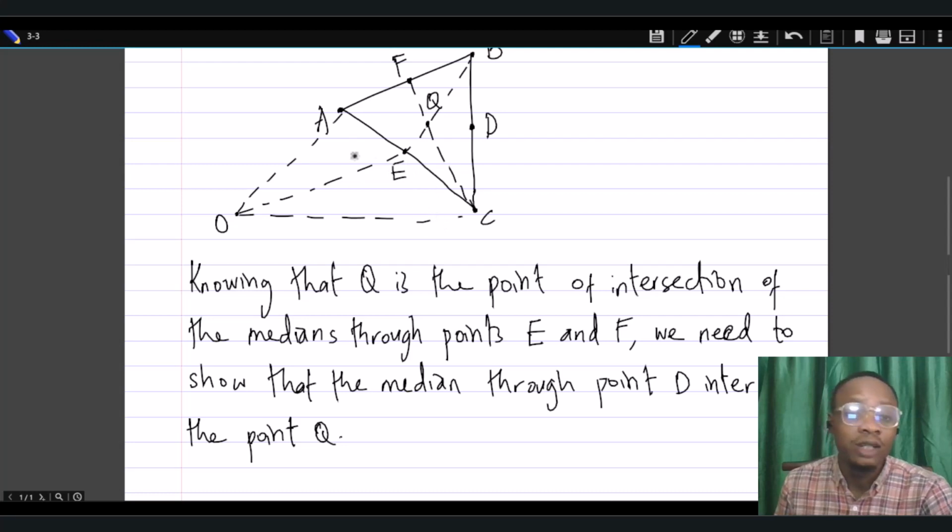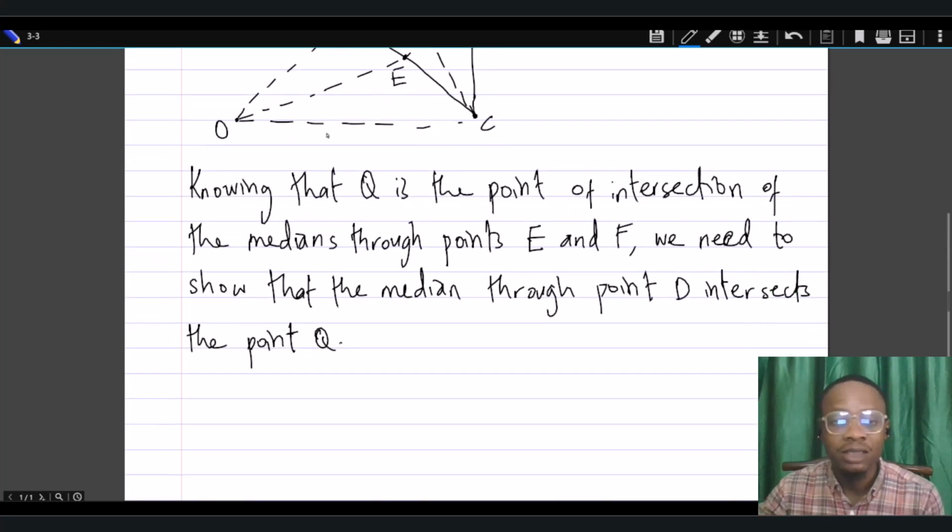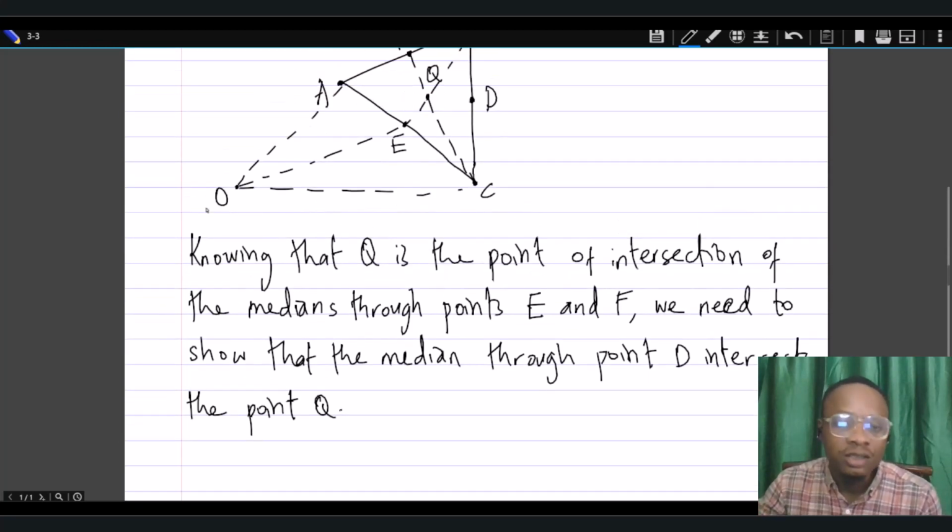So if we look at that from what we did in the last chapter, you should remember that for the median, looking at this now, this OAC is a triangle on its own. And this line from O to E is a median of the triangle OAC.